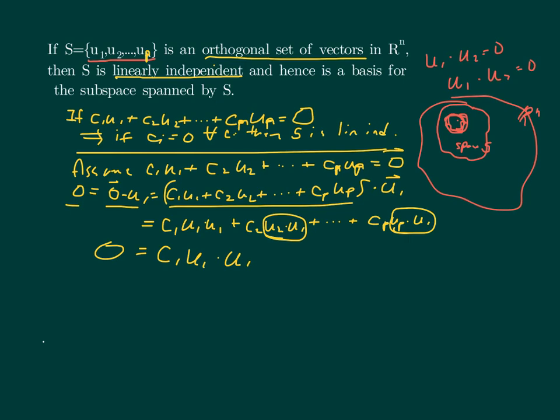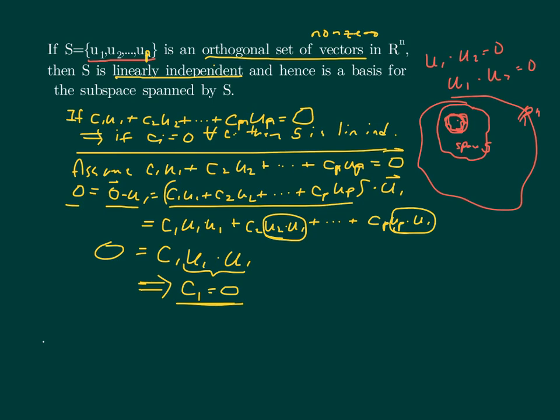Well, our u sub 1 is non-zero, and so since our u sub 1 is non-zero, that forces our c sub 1 to equal 0. Actually, that's part of the theorem: an orthogonal set of non-zero vectors. But anyway, if we assume that those are non-zero vectors, then that forces c sub 1 to equal 0.